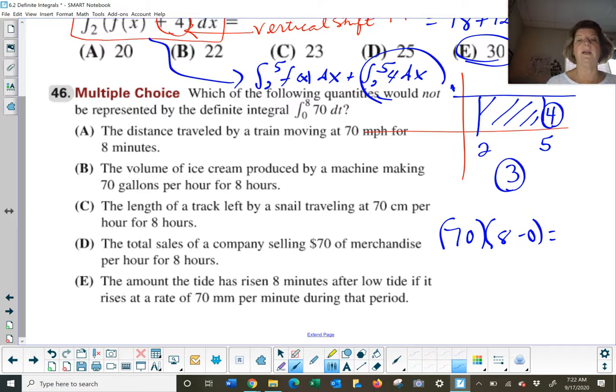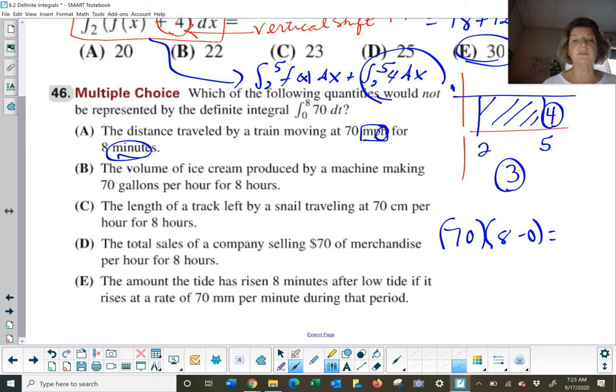The distance traveled by a train moving 70 miles per hour for 8 minutes. Ooh, miles per hour. It's the hours and the minutes that are kind of messing me up there. That seems like that could potentially be the wrong one. But I'm going to read through the rest of them.